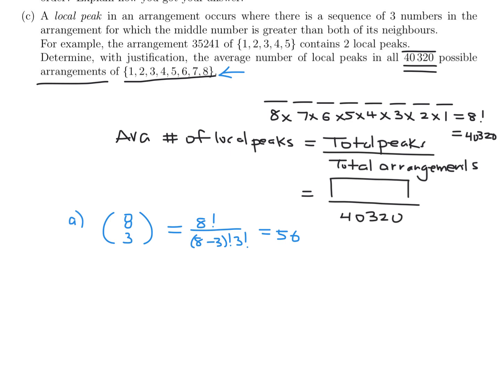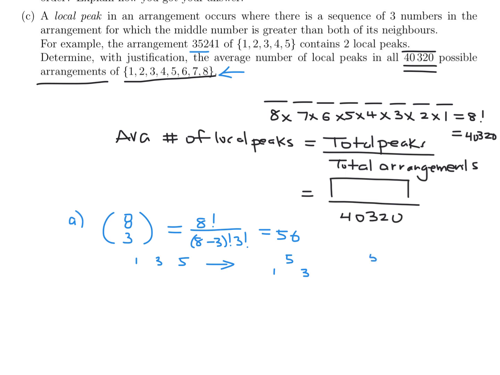But remember, let's just choose 3 numbers as an example. I choose 1, 3, and 5. I think same example as last time. We want a peak. So a peak is only going to be done with these 3 numbers if the 5 is in the middle. So the 1 is here and the 3 is here, right? The way they described a peak is that the middle number has to be greater than the other 2.